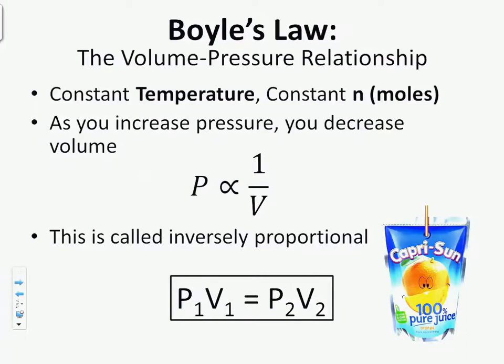All right, so let's start out with Boyle's law. Constant temperature and constant N. N is our number of moles. Moles are an entity that we haven't discussed yet, and we'll get into a lot more as the semester goes on. But basically, moles are a way of representing the number of molecules that are present in a system.